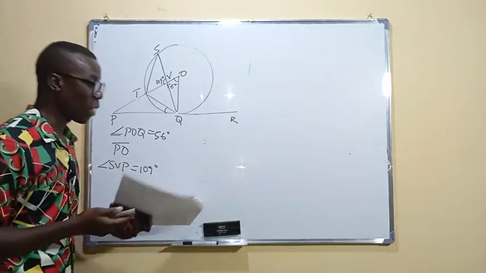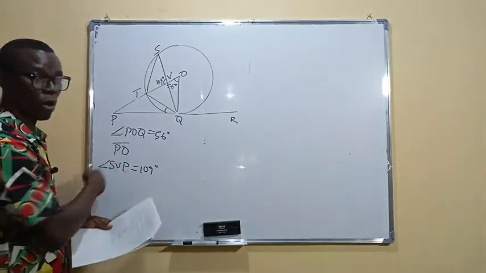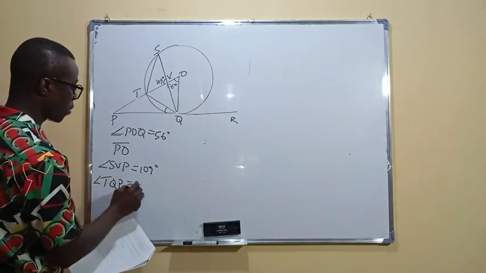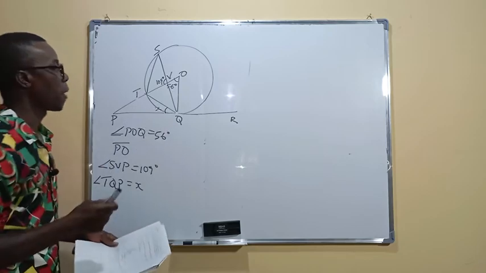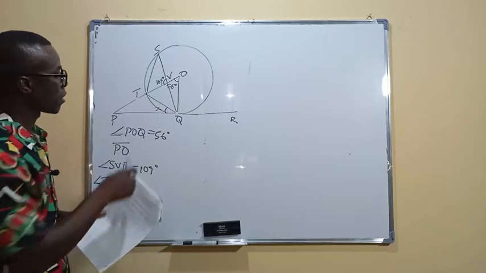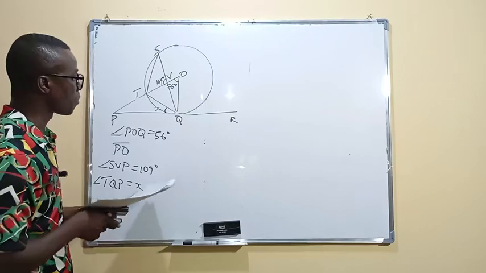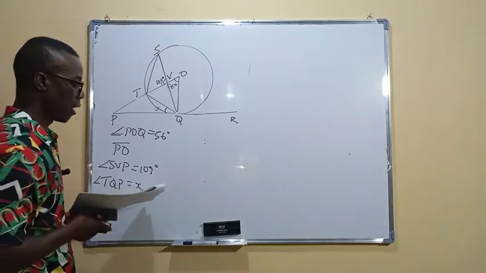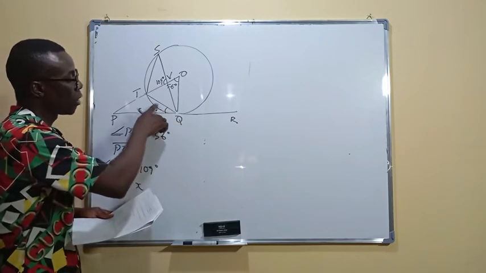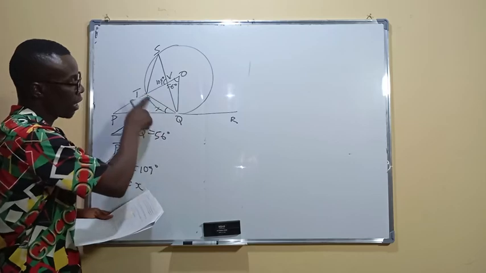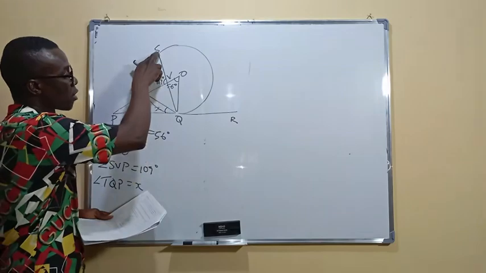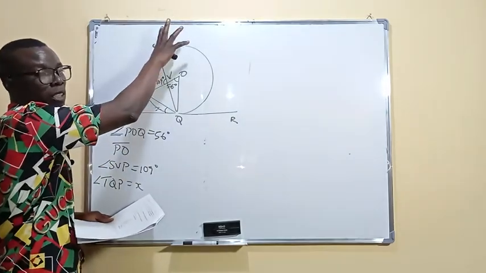As usual, I will tell students that if you have issues with writing all this, you can simply say angle TQP is equal to x. So I'm going to call this one x. Now explore the diagram to see some interesting thing about it. There's a theorem that says the angle made by this chord with the tangent is equal to the angle subtended in the alternate segment.